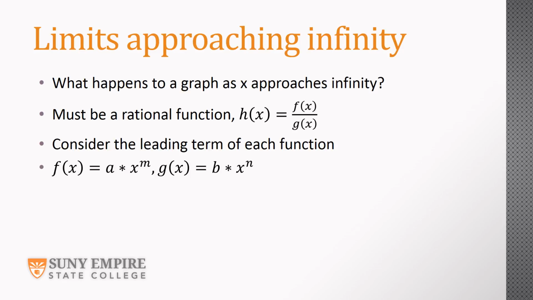Assume that the leading term for f of x, the function in the numerator, is a multiplied by x raised to the m power, and that the leading term for g of x, the function in the denominator, is b multiplied by x raised to the n power.